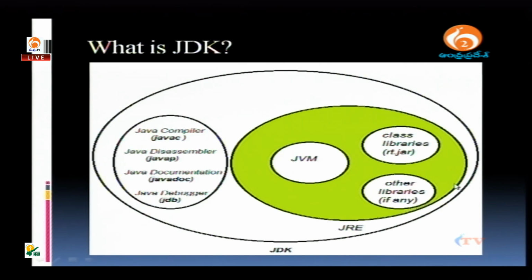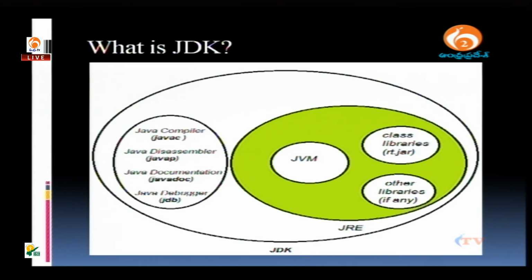JDK contains JRE, this green color, and development kits. And JRE contains JVM and other class libraries. This is the diagrammatic representation of the JDK, Java Development Kit.